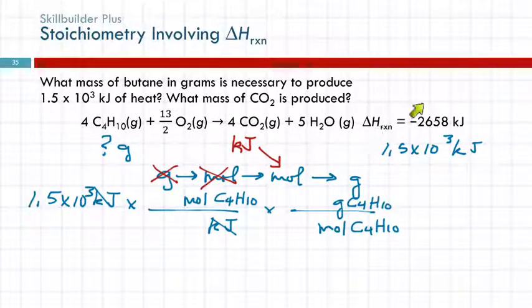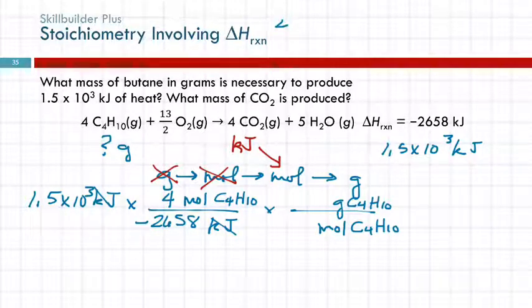So here's our kilojoules. Kilojoules, this many, minus 2658 for every 4 moles of that. So I put 4 moles in here, minus 2658. And I need the molar mass of butane.